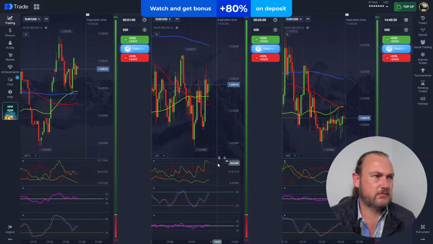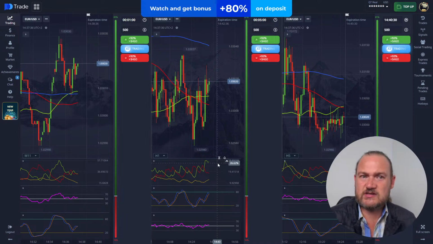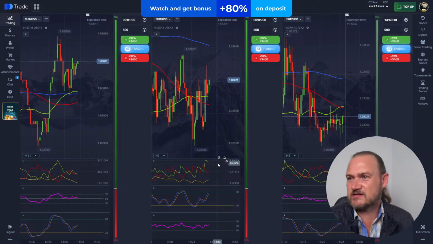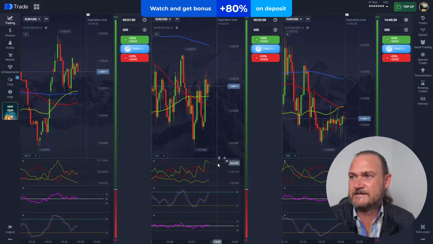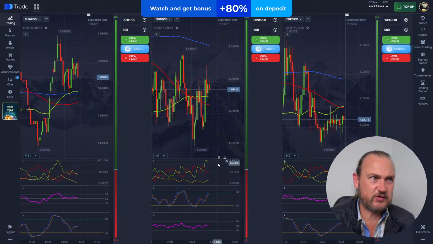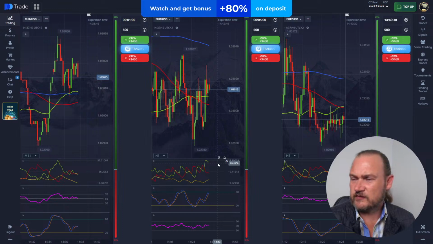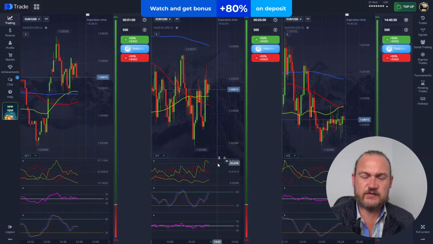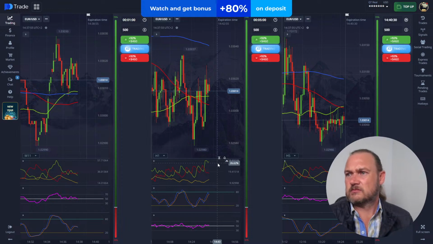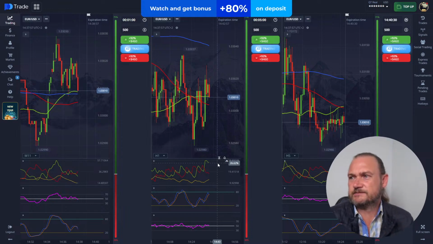I'm sure they will use at least one or two e-wallets, but which ones I honestly have no idea. I just trade with them, man. But it will be on their website. I'm pretty sure you'll be able to find out what type of deposit options they have. So go check it out. Yeah, I really don't know.